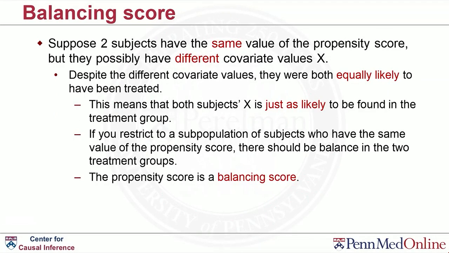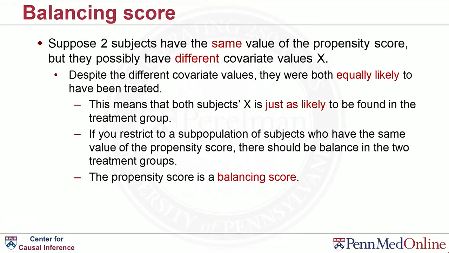To motivate this, we'll think about two subjects that have the same value of the propensity score, but might have different covariate values, x. Remember, the propensity score is a function of the covariates. But typically, there's not a unique value of the propensity score associated with just one set of x's.